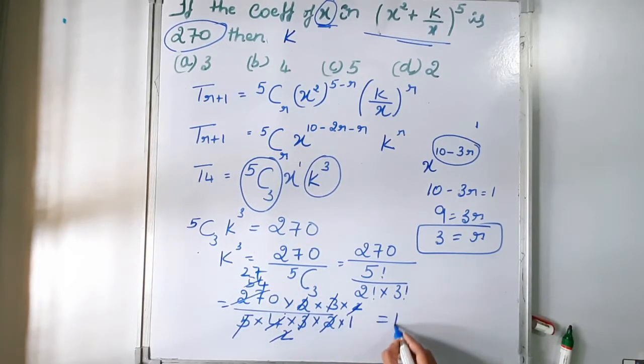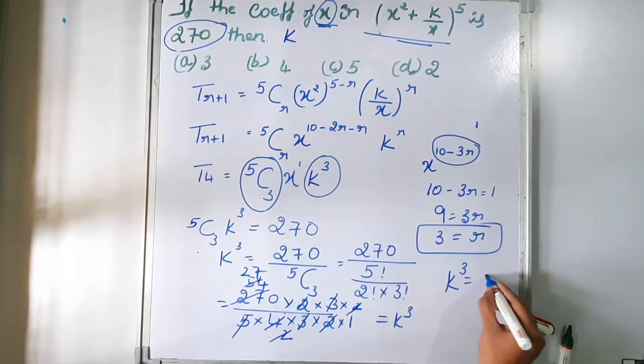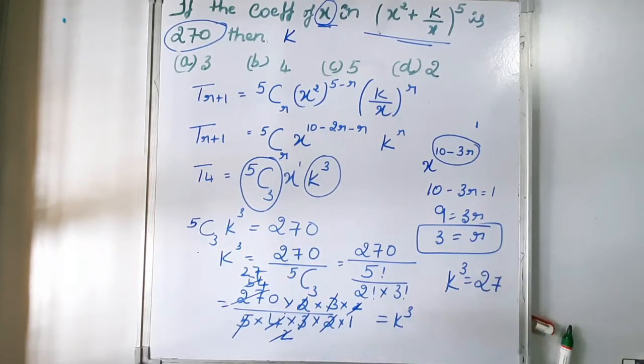So k cube is equal to 27. What is the value of k? Obviously 3 cube is equal to 27, so the value of k is equal to 3. So option A. I hope you understood this problem.